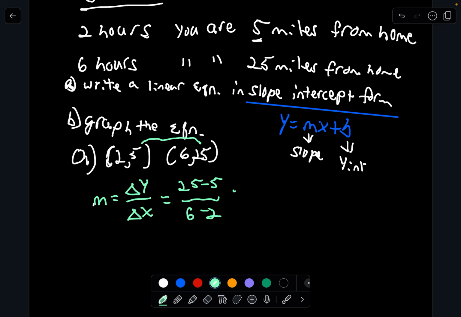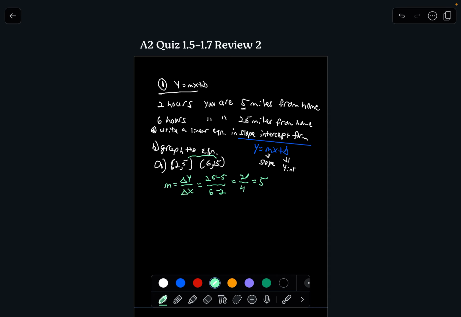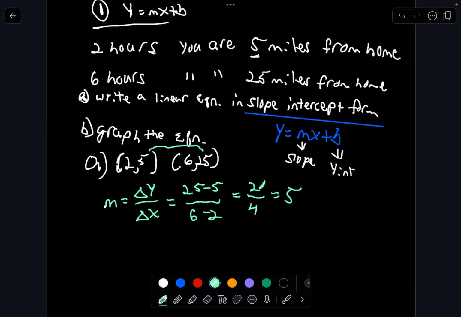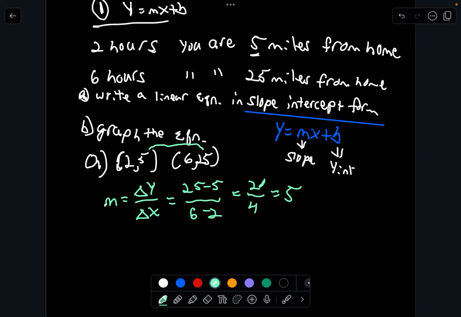That works out to be 20 over 4, which is a slope of 5. So we got the slope to be 5, and that's 5 miles per hour.